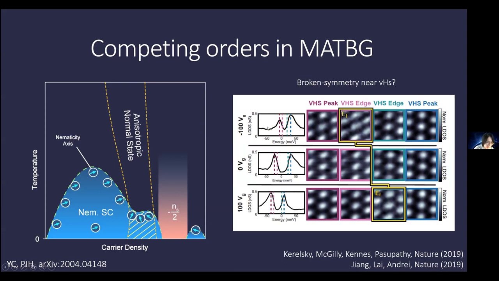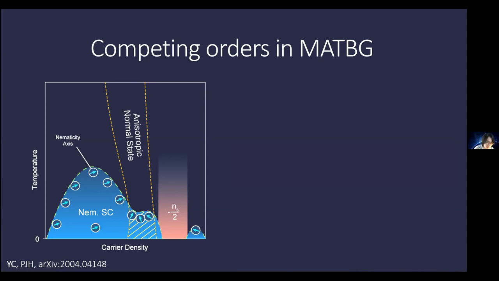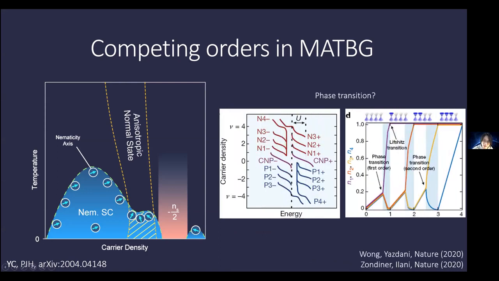So that could be one contribution. There is also another experiment that points towards phase transitions when you are close to integer filling factors like the 2 here. This could also be one possibility for why there is this kind of anisotropy in the system.